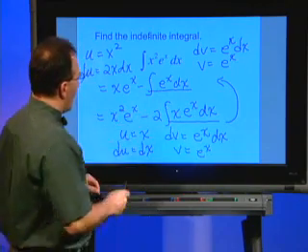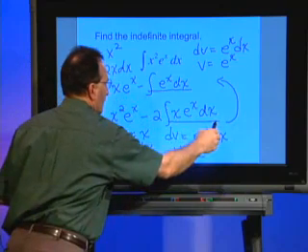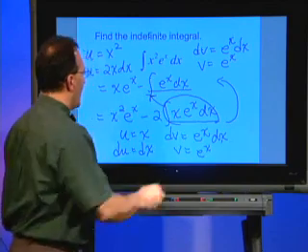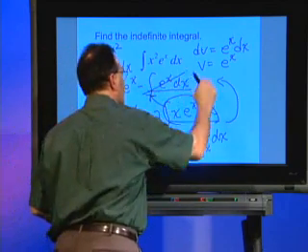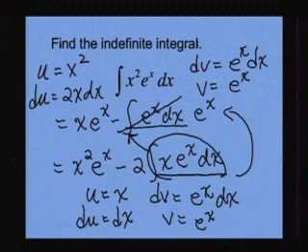Therefore, I've just worked out this part up over here, and this particular section is just going to be e to the x. But now I have twice that whole product, twice that difference, because of the 2 that I need to put out here.